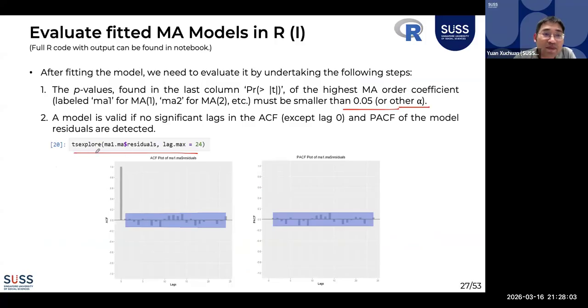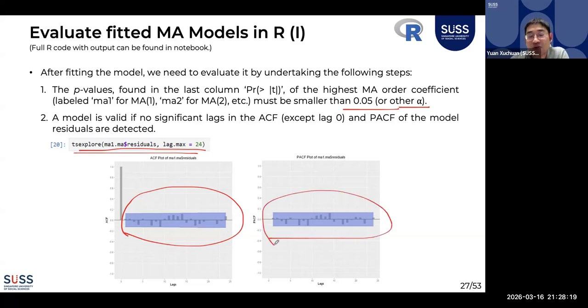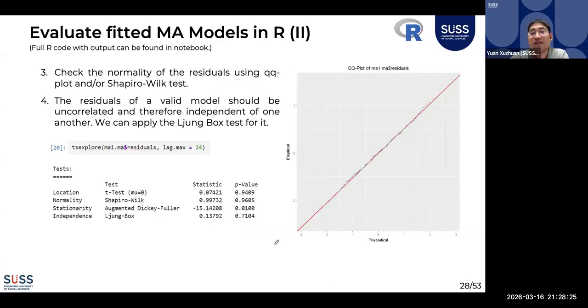Then we perform the residual analysis, looking at the ACF and PACF. The ACF from lag 1 to lag 24 is 0, and the PACF is also 0, so there is no correlation between the residuals, okay? So the residuals are independent. Then you check the normality of residuals using the QQ plot or the Shapiro-Wilk test, and you will not reject normality, so they are normally distributed.